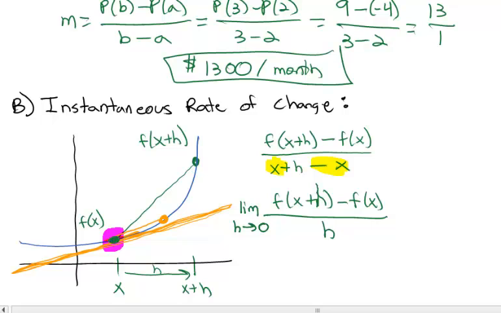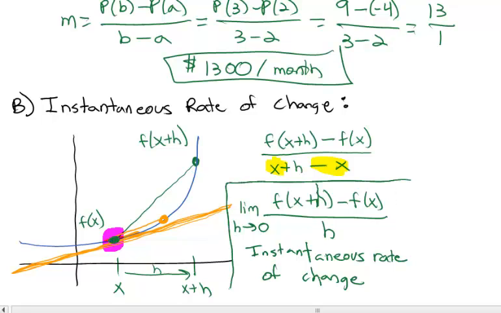The limit as h goes to 0 of f of x plus h minus f of x all over h is going to give us the instantaneous rate of change.